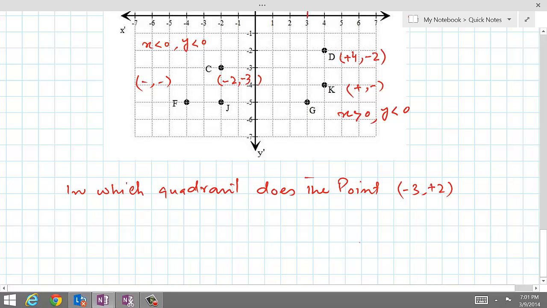So which is the quadrant? Because its abscissa is negative, it is to the left of the y-axis, and the ordinate is positive, so the answer is the second quadrant. It is the second quadrant. So this way you can practice more and learn more about the Cartesian plane.